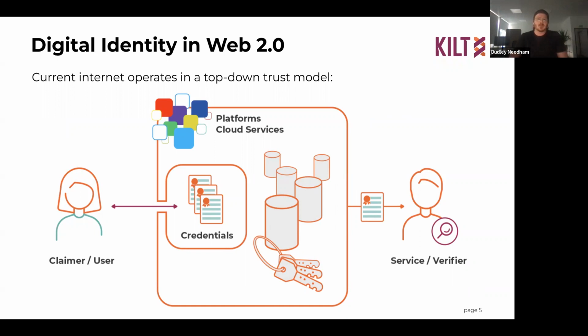Usually what happens is a user, or in our case, the claimer, wants to log in to, let's say, a random website, and they want to log in or create an account. Usually this process is done by OAuth or some variant of this. They say sign in with Google or log in with Facebook, you click this button, and in doing so, you're able to access the website.